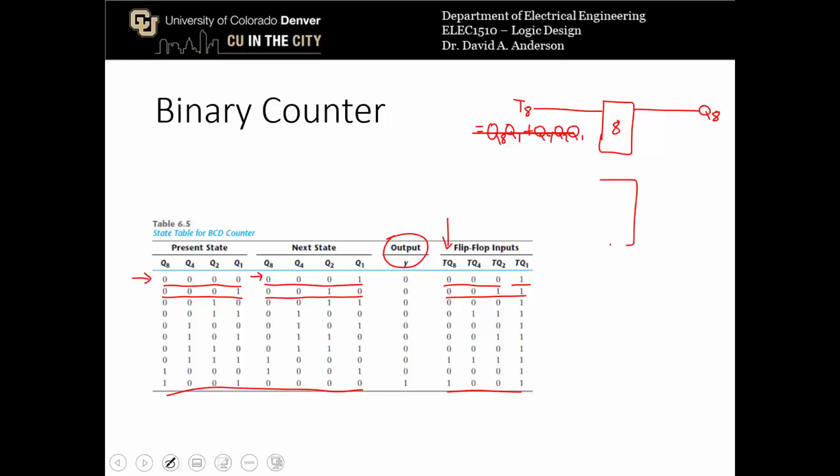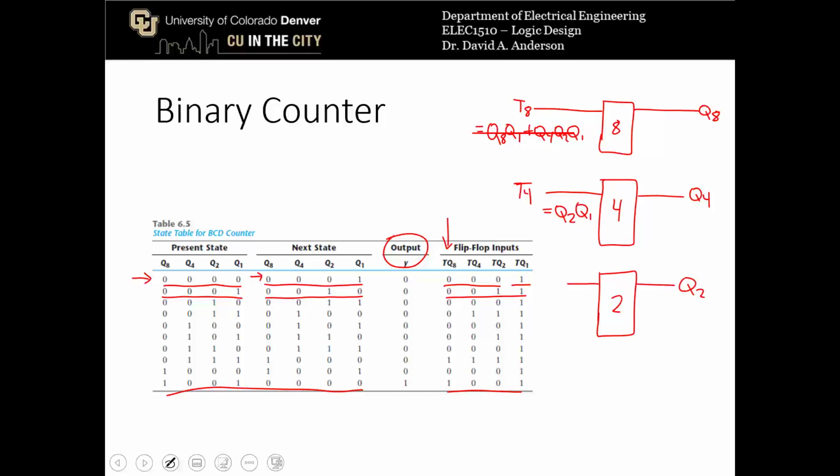Okay, so then we have flip-flop number 4 with output Q4. We have input T4, and T4 optimized using a K-map is Q2 Q1. Then we have T flip-flop number 2 with output Q2.